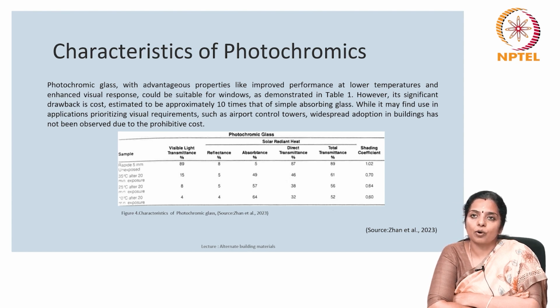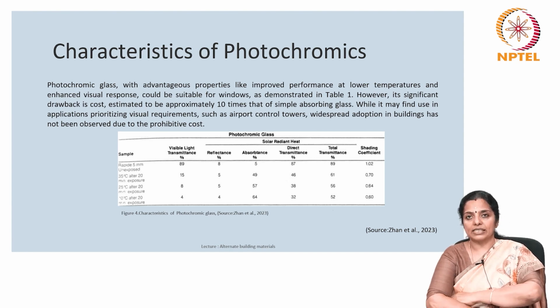Although it holds promise for applications where visual requirements are paramount, such as control towers, its widespread use in buildings is limited due to the prohibitive cost, hindering its adoption on a large scale, especially on buildings which have a huge amount of glass on their facade.